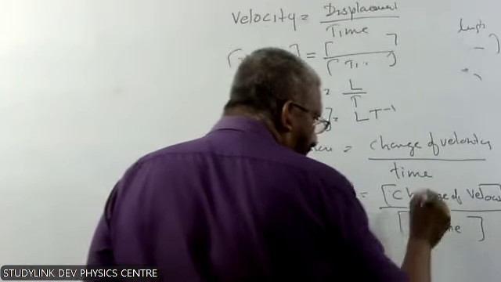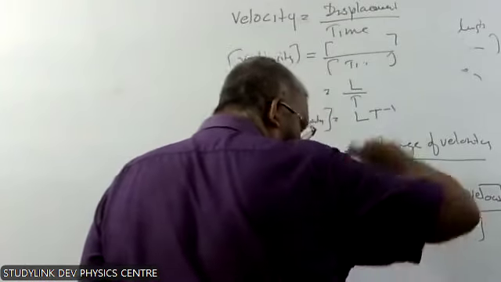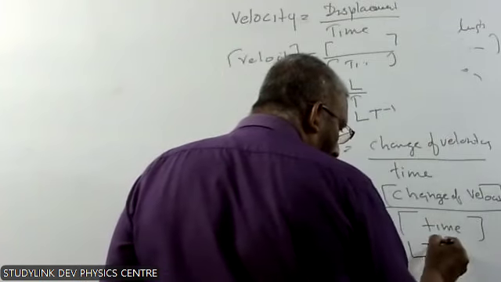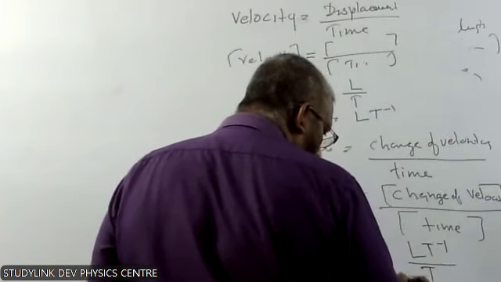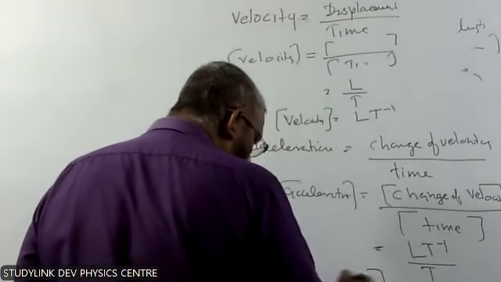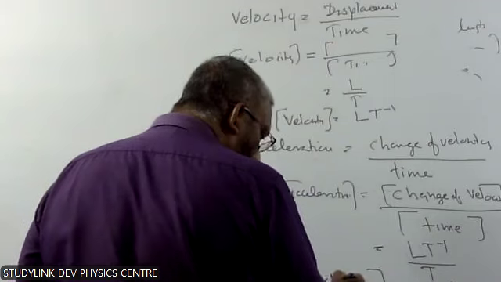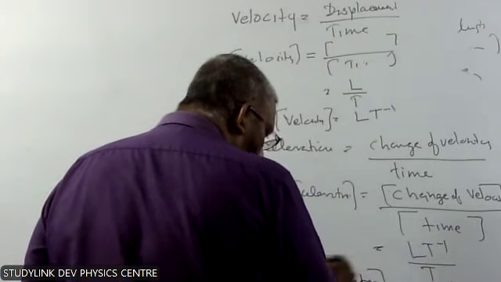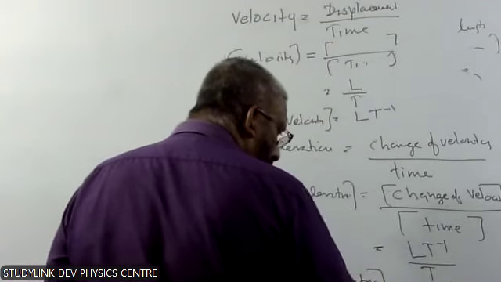Then only we are writing change of velocity. The dimension is the velocity dimension, LT minus 1 divided by T. So this is LT minus 2. So the acceleration dimension is LT minus 2.